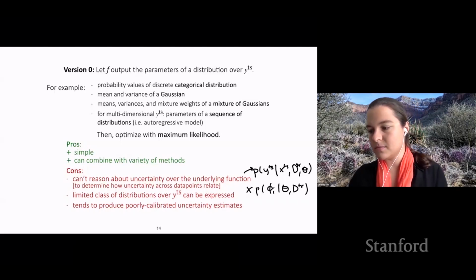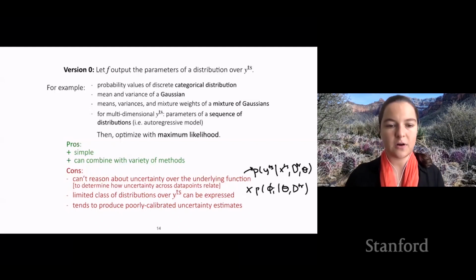The other type of uncertainty is called epistemic uncertainty, which captures the uncertainty in your model itself. And this kind of approach tends to actually be quite poor at estimating the uncertainty of the model.